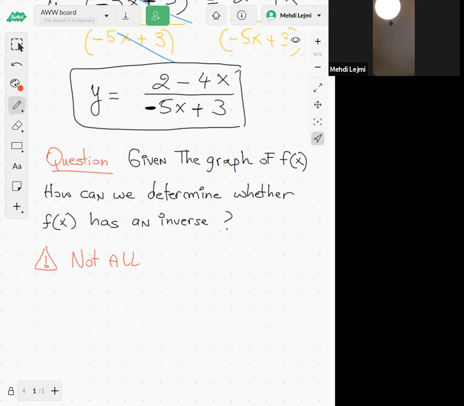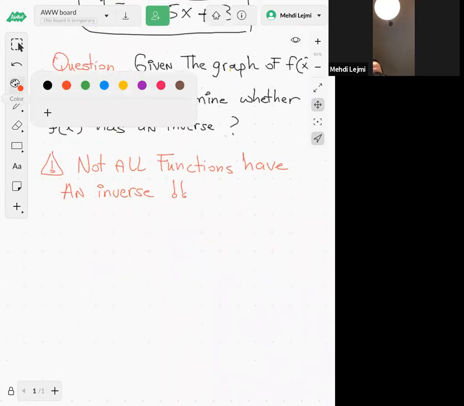Yeah, so I was saying not all functions have an inverse. You need really to keep in mind, guys, that not all functions have an inverse. Anyway, let me just explain the idea, and then I'm going to show you with the graph how it works.